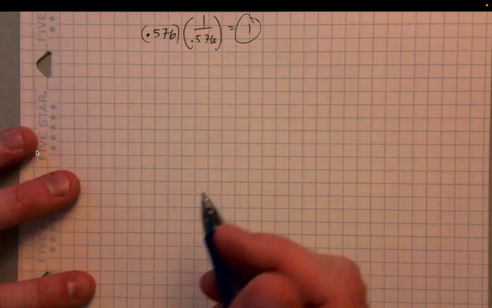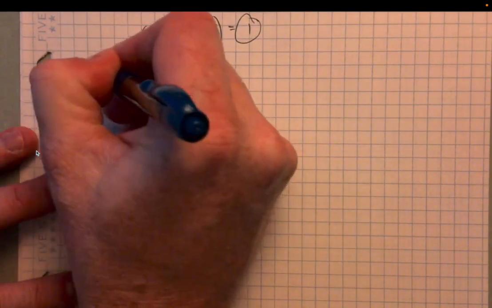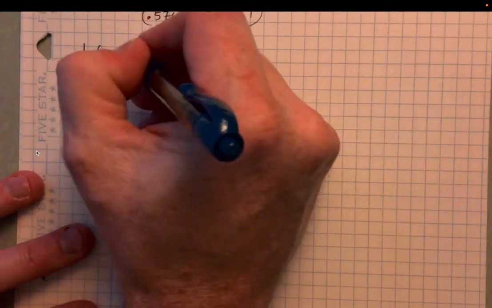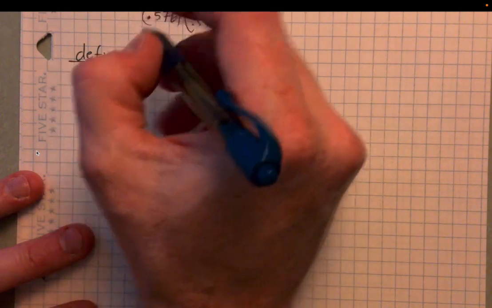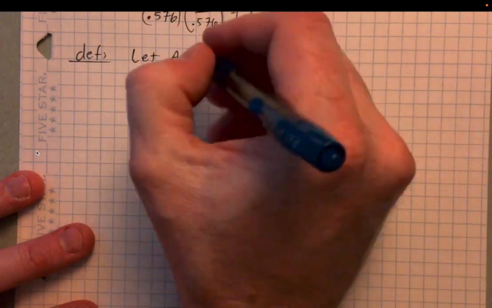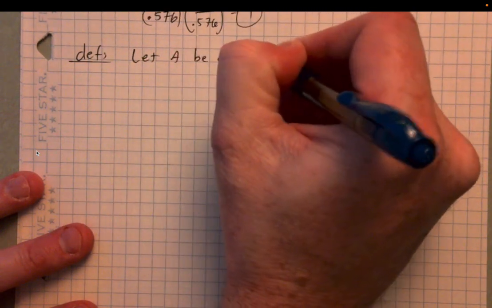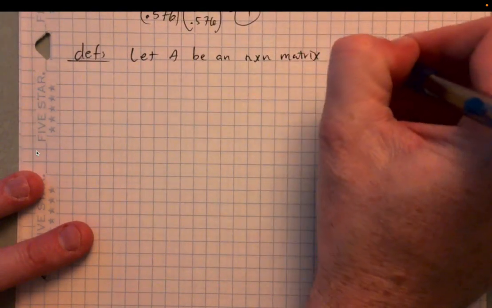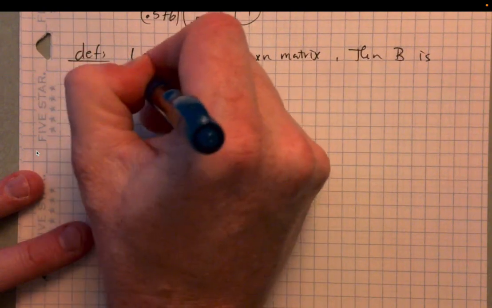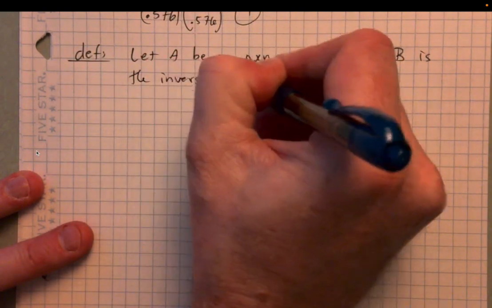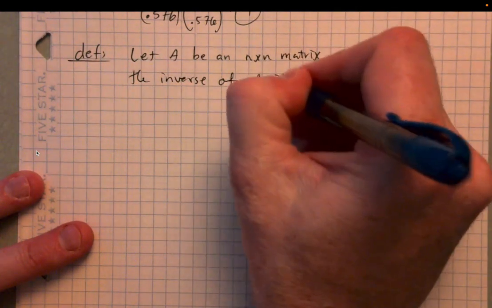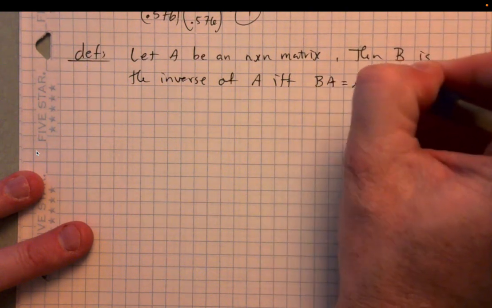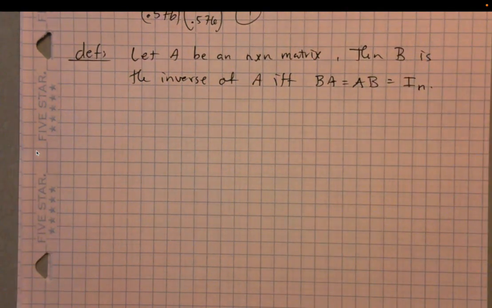Let's define it formally, which we sort of already have, but let's do it a little more formally. Let A be an n by n matrix. Then B is the inverse of A if and only if B times A equals A times B equals the n by n identity matrix.